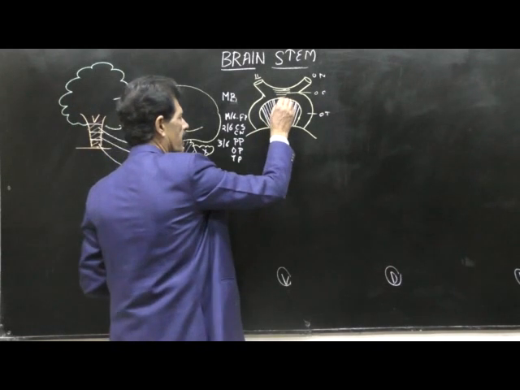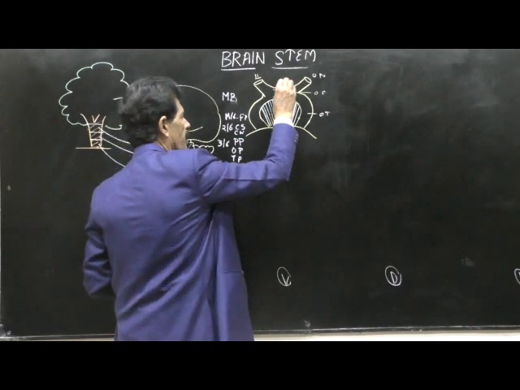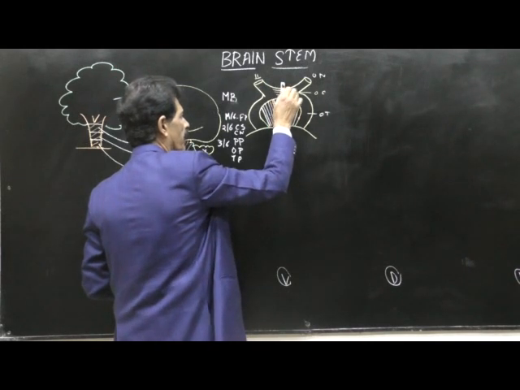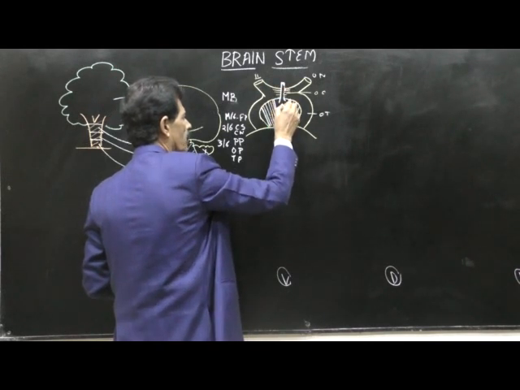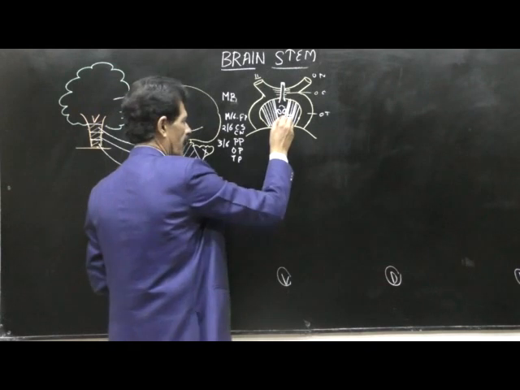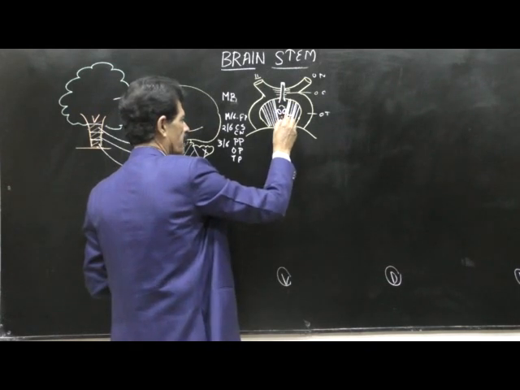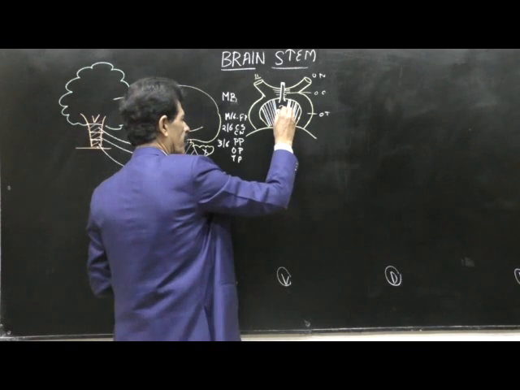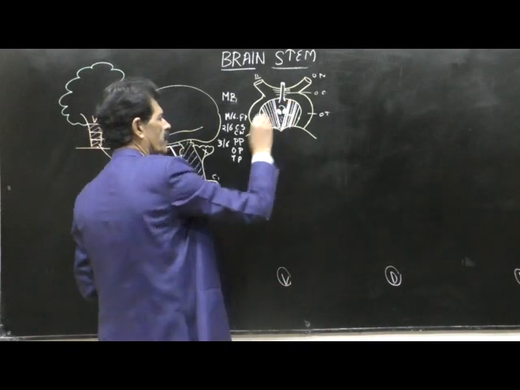In this area, anteriorly lies the stalk or the infundibulum of the pituitary gland. Then here lies the tuber cinereum, and there are two mammillary bodies here, and here lies the posterior perforated substance. The two mammillary bodies are made up of grey matter, and they receive the columns of the fornix.